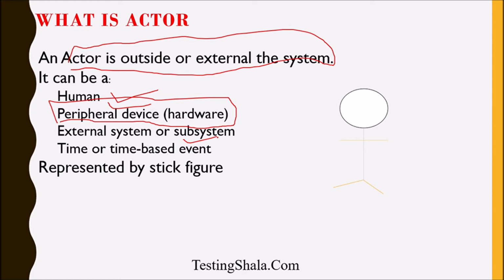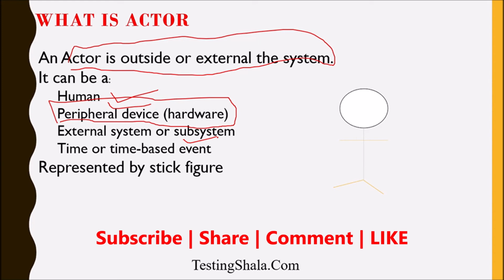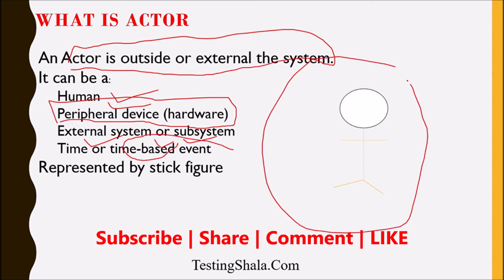Everything we call an actor here. Everything is represented as an actor in the use case diagram. And also time and time-based events, everything we represent as an actor. So actor is represented as a stick figure. This is the way you represent the actor.